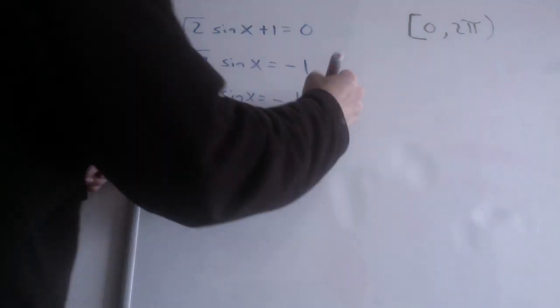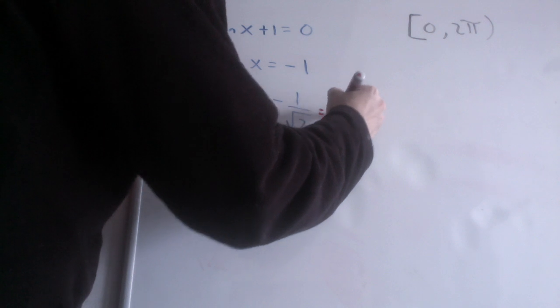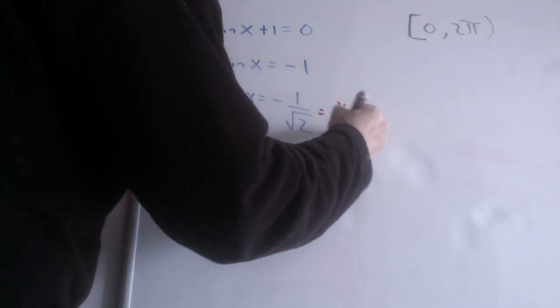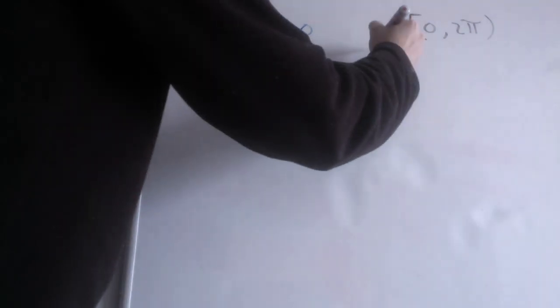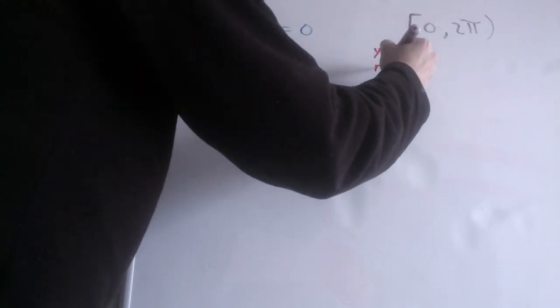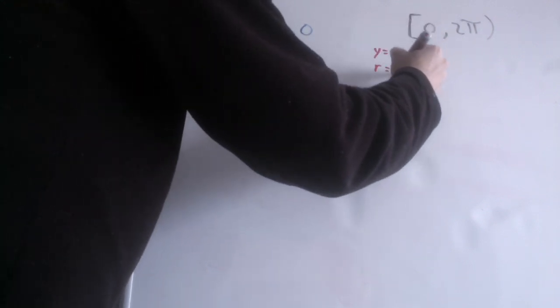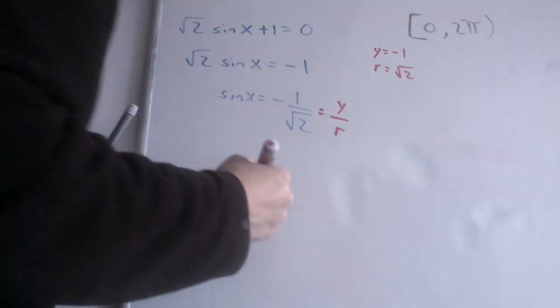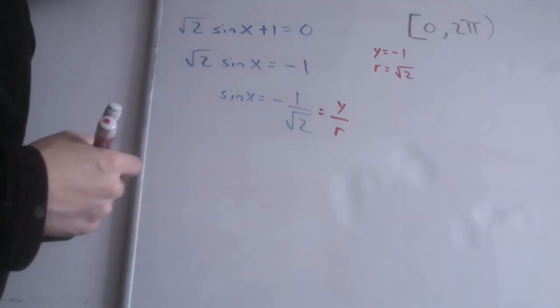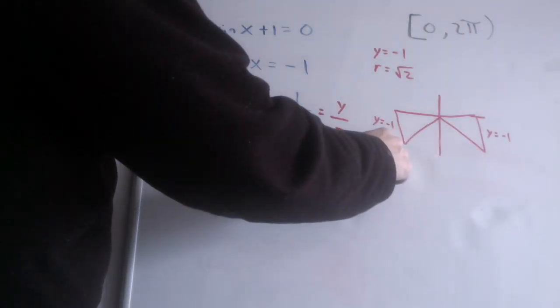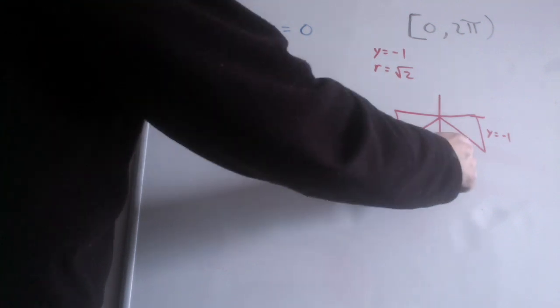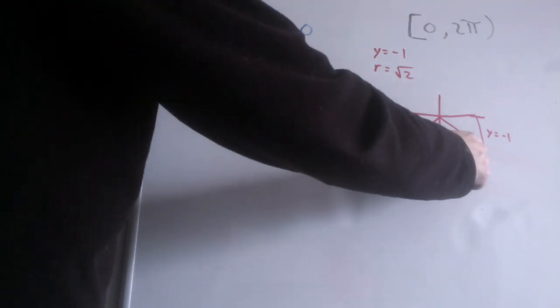Sine in letters is y over r. So the y is negative 1 and r is square root of 2, because r is always positive. Now, in which quadrants is y negative? Y is negative in quadrant 3 and quadrant 4.